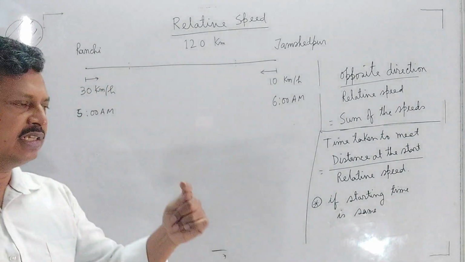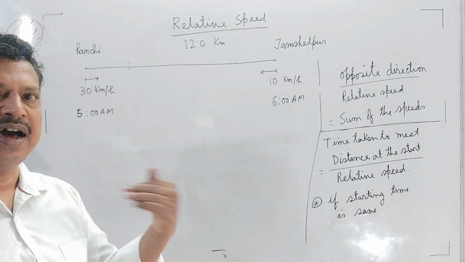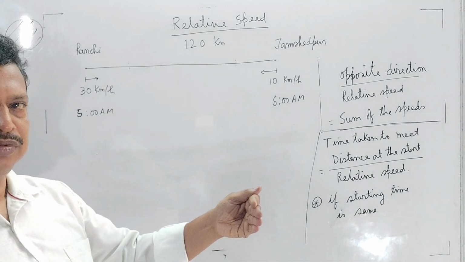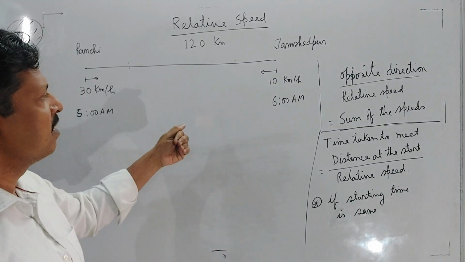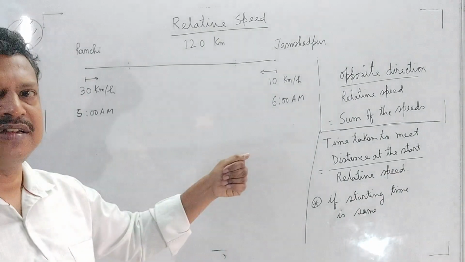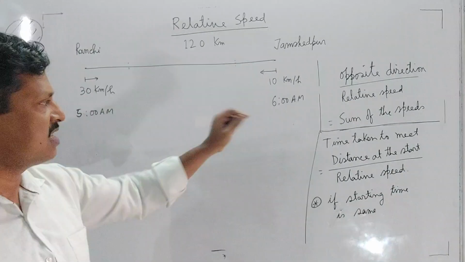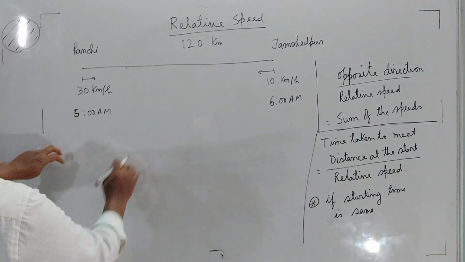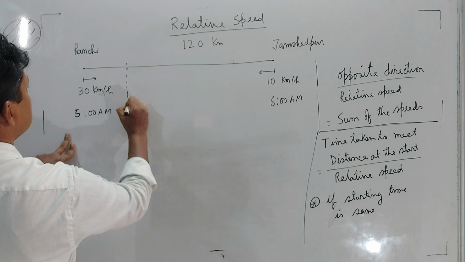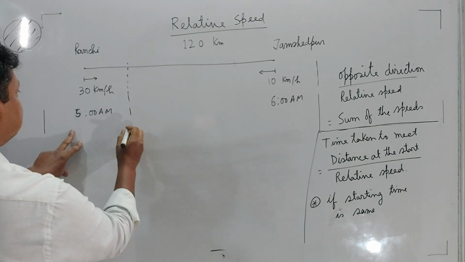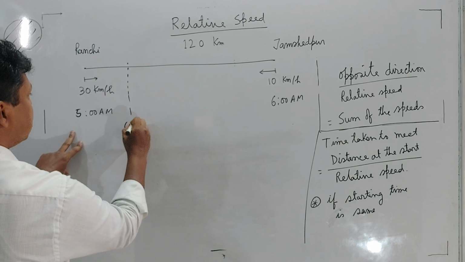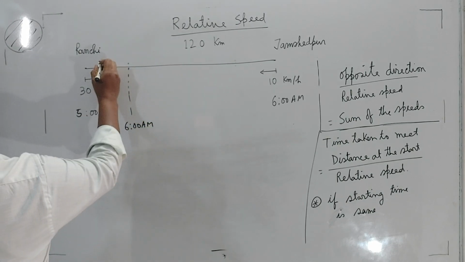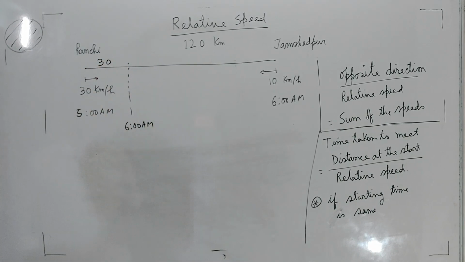The car which starts earlier, let it move till the other person is starting. The other person is starting at 6 a.m., so let it move for 1 hour. At 6 a.m. it has traveled 30 kilometers.